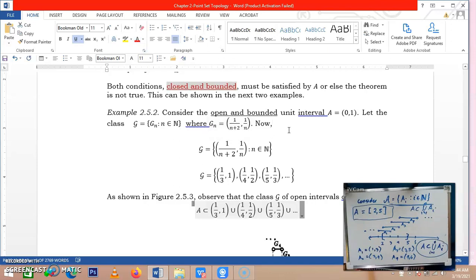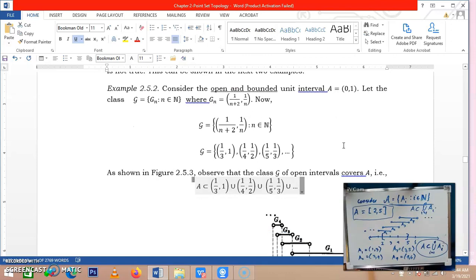But in our example here, we consider open, but it is bounded. So, eto lang yung hindi na-satisfy. Okay, so let us try to observe if it contains a finite subclass that covers, rather, the unit interval A.